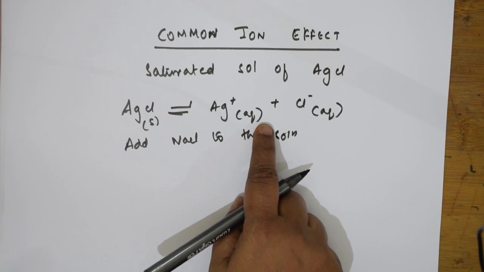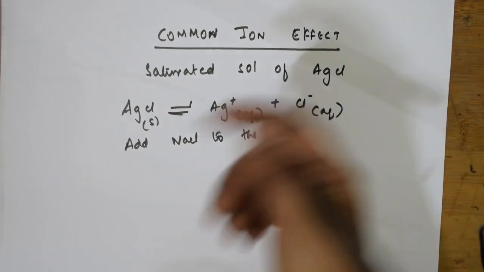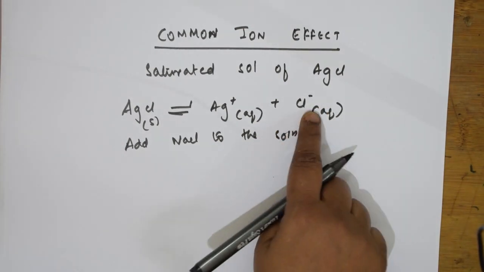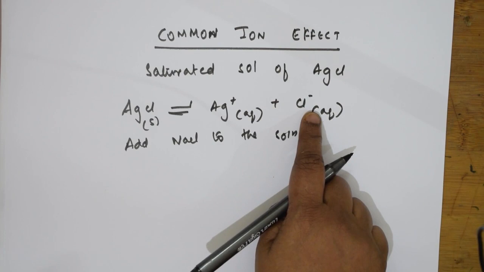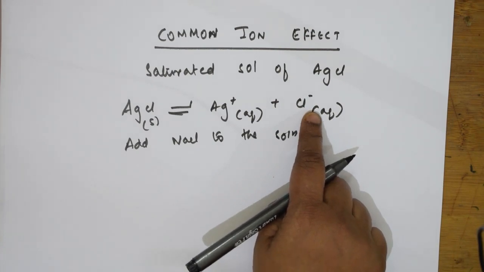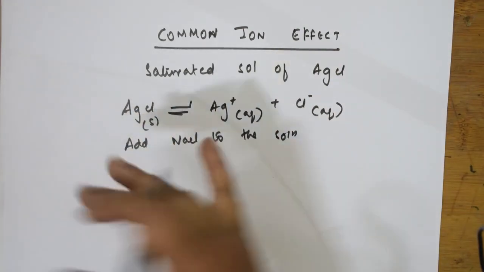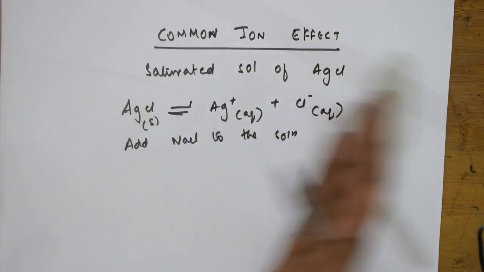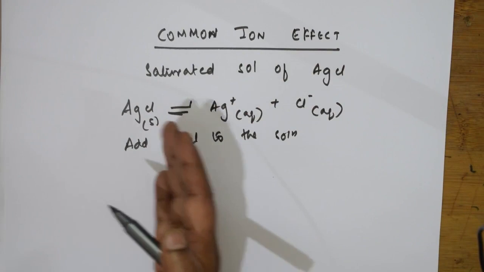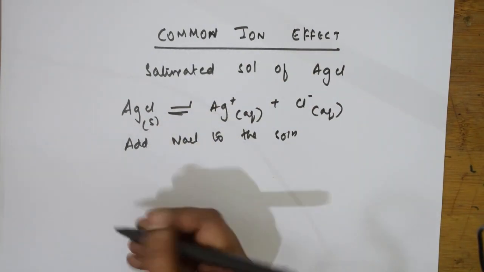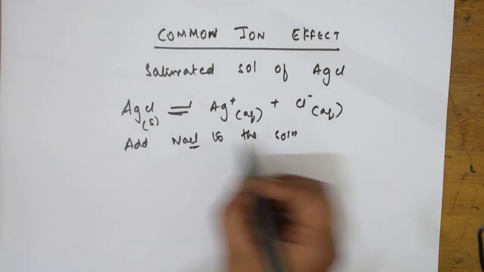Once again, when you added NaCl to the solution, the concentration of Cl minus increases so much that the equilibrium will be shifted towards the left, not towards the right. Hence the dissociation of AgCl will decrease. When NaCl is added, due to the common ion, this happens.